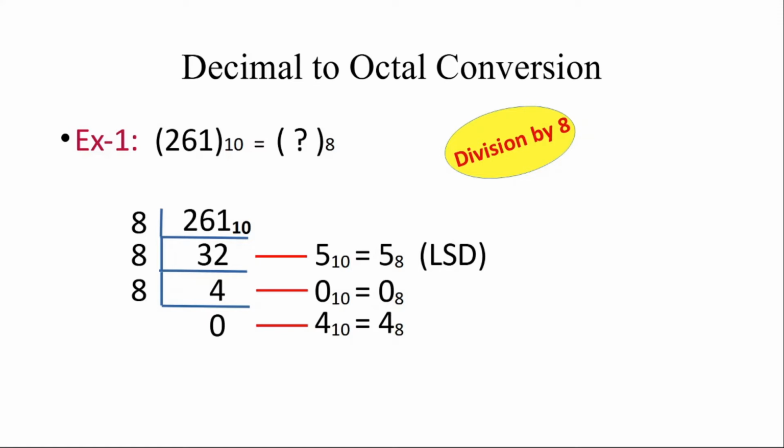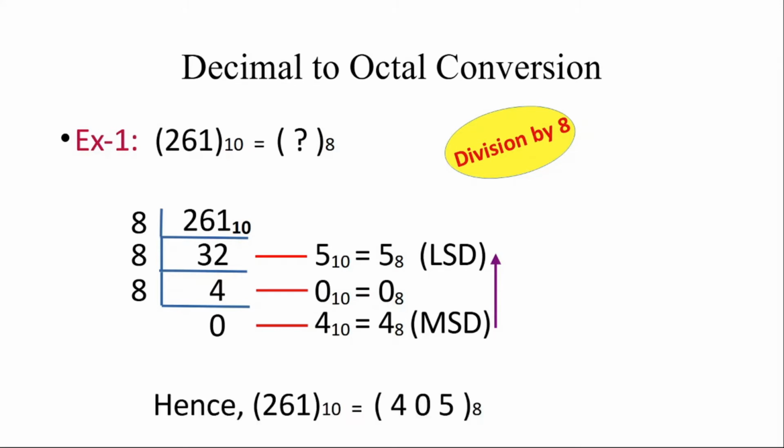This 4 in decimal system is also equal to the 4 in octal system, and this 4 is known as the MSD, or the most significant digit here. So we have to move up. Hence 405 is the octal equivalent of the decimal number 261.